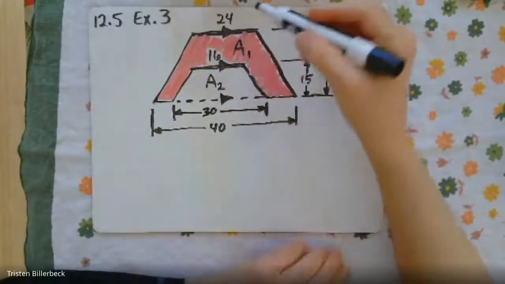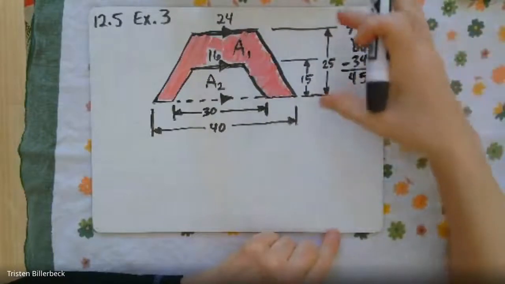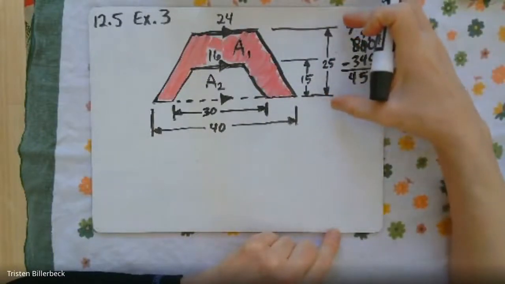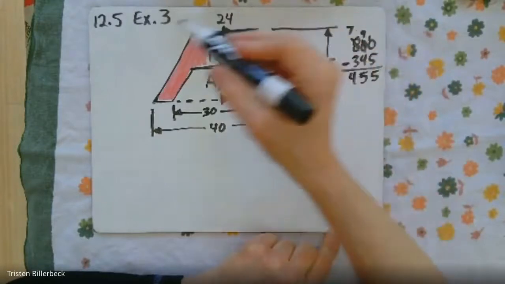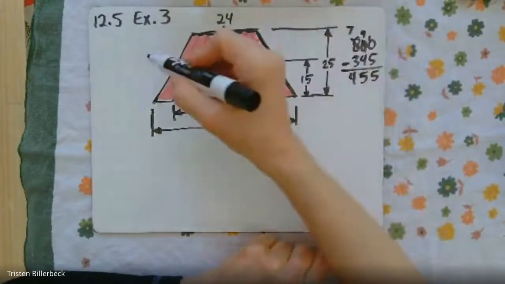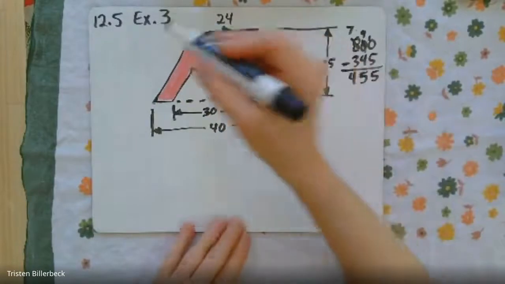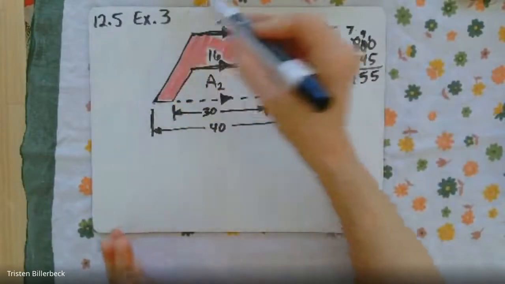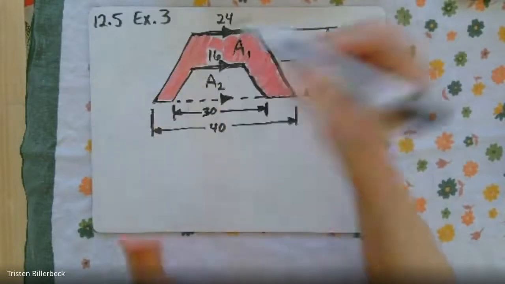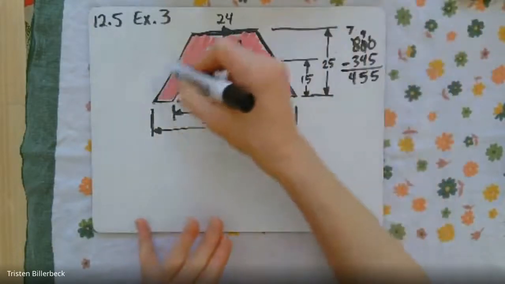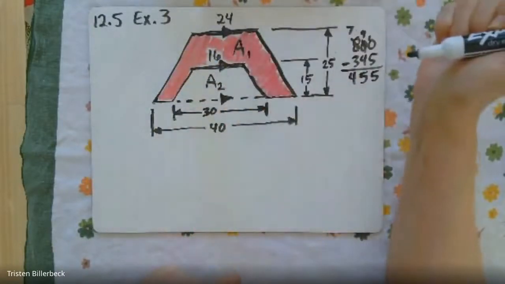Okay, so let's say if this is 24 and this is 25, the height, then this is probably a little longer. So I'm guessing, so mathematically this is not going to be correct, okay? I'm just approximating what the length of these sides are.